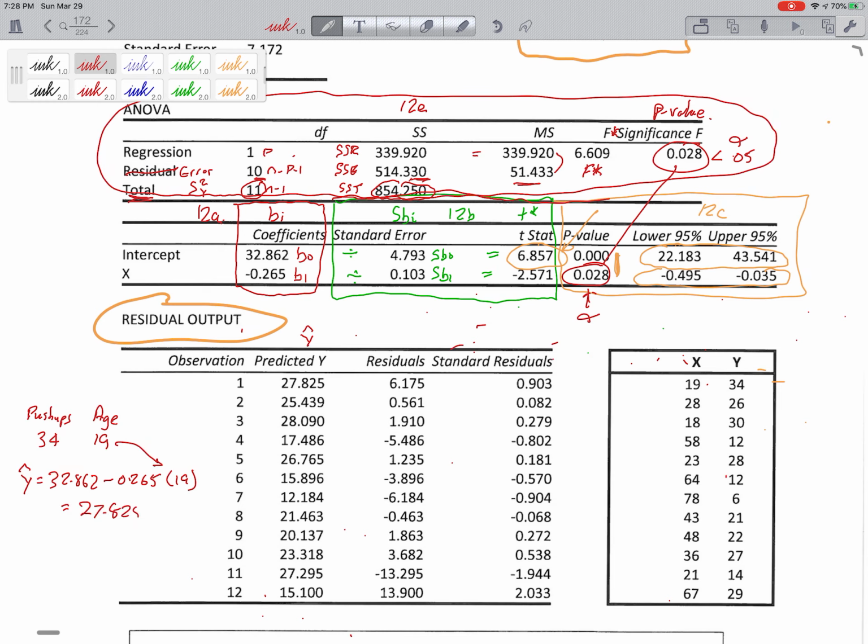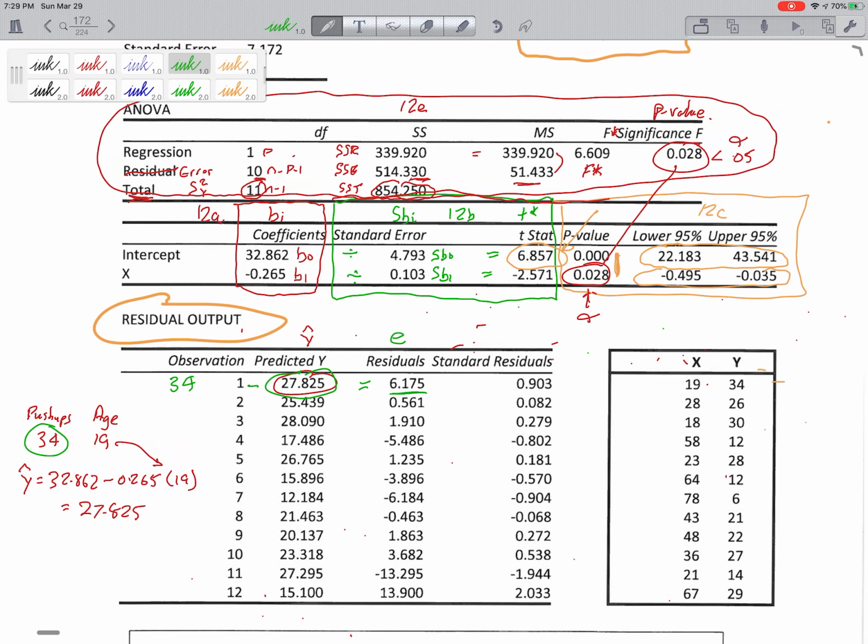We would get 27.825, which is this guy right here. Now, the actual y value is this guy right here. So if we went 34 minus 27.825, we would get the residual of 6.175, or that's the list of E's, the errors, residuals.